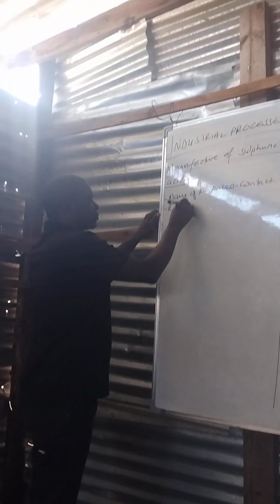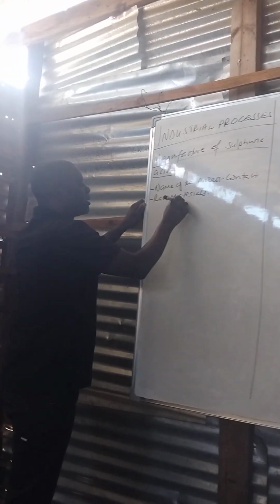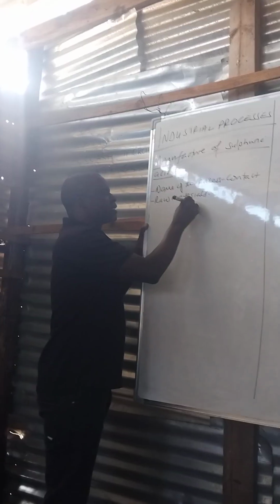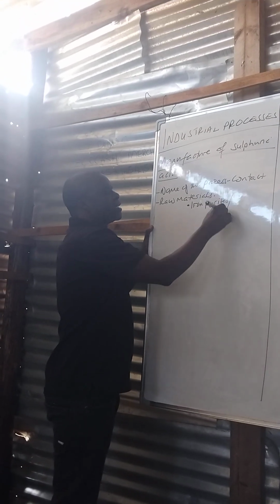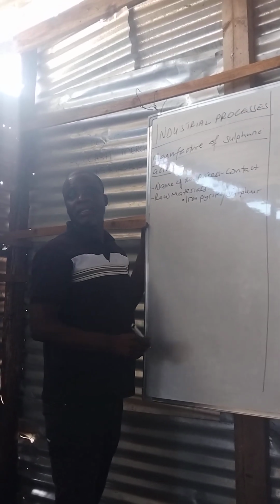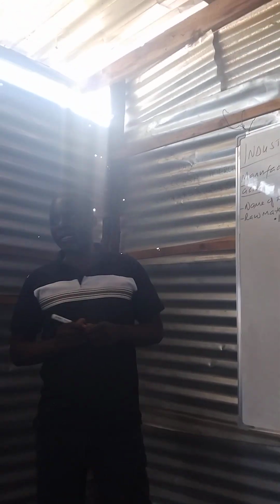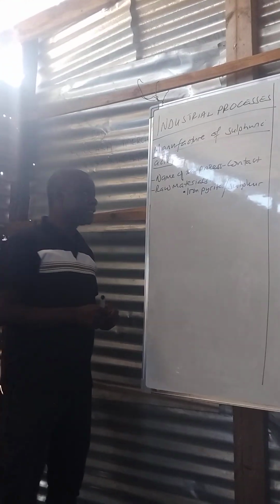They ask about raw materials. What are the raw materials? Iron pyrites and sulfur. Sometimes they can put sulfur dioxide, but basically iron pyrites and sulfur.